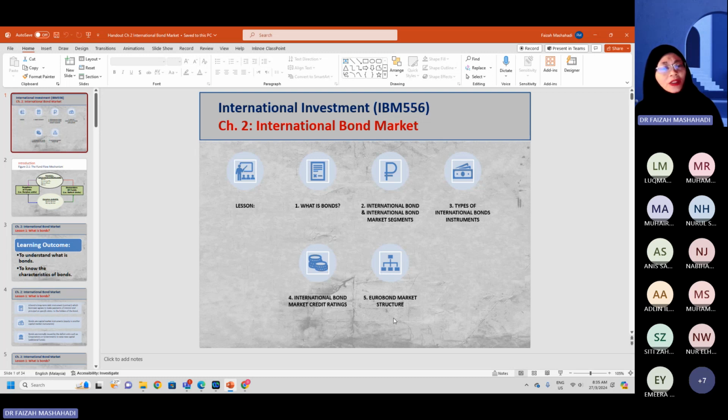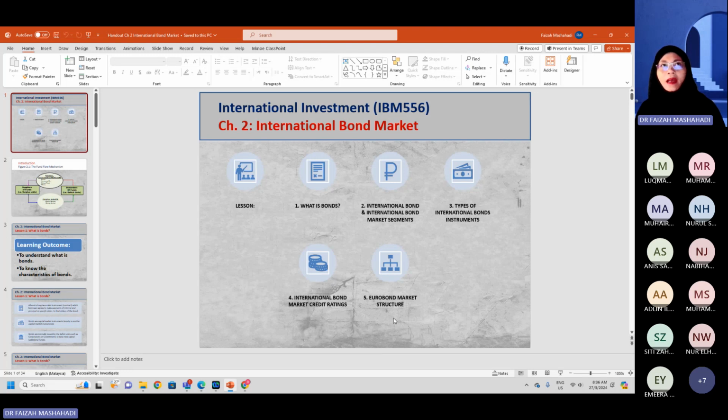So that is no longer known as a domestic bond, right? We have a different type of bond there, issued by a foreign company in a host country, denominated in that particular country's currency.